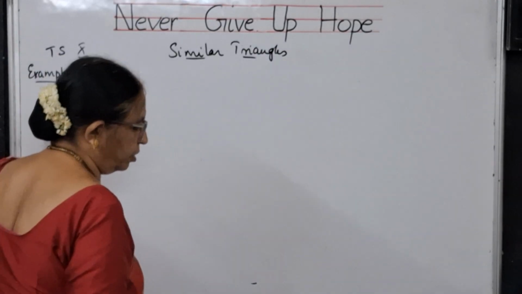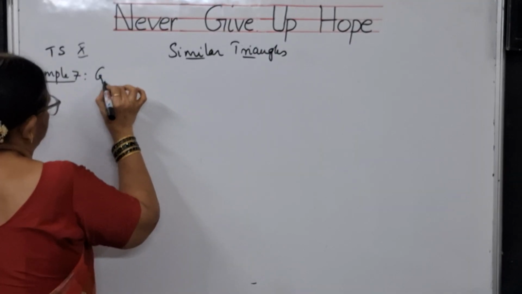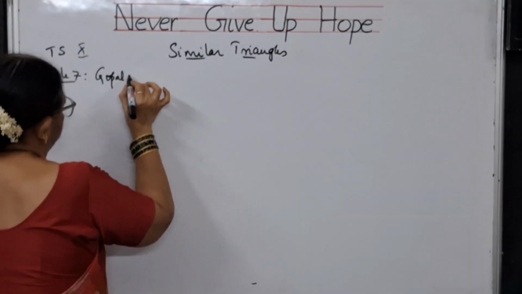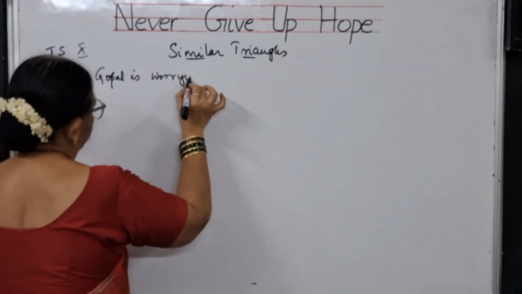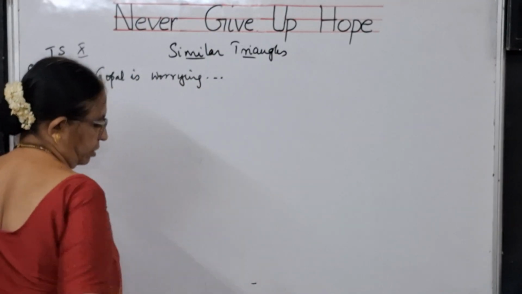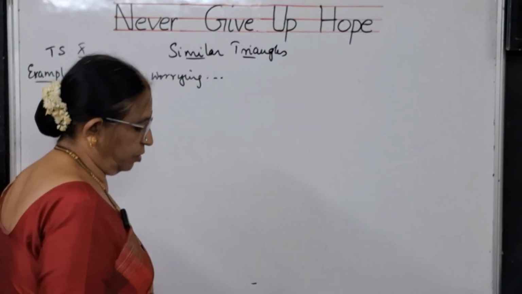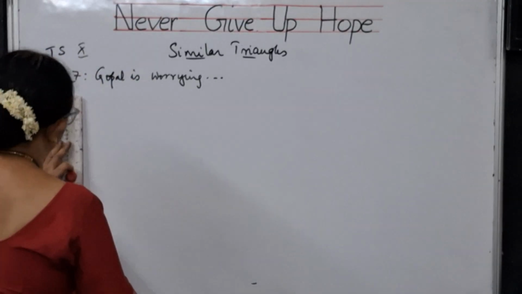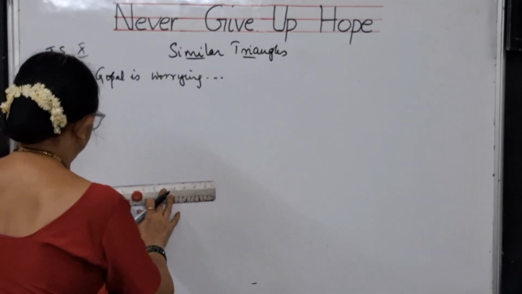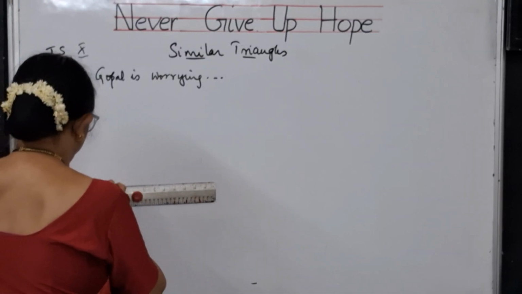Example 7, Gopal is worrying. I am going to read this after drawing the figure, because you will understand only when I draw the figure. So the figure is in this way.